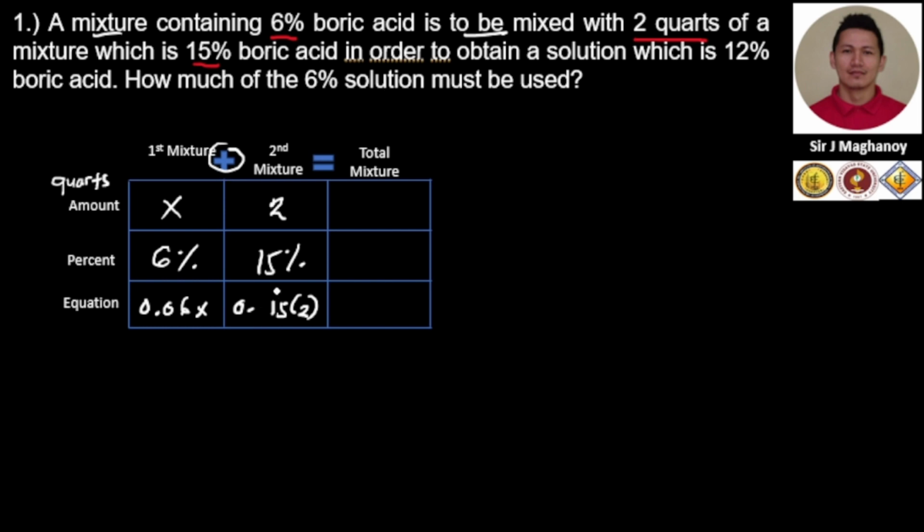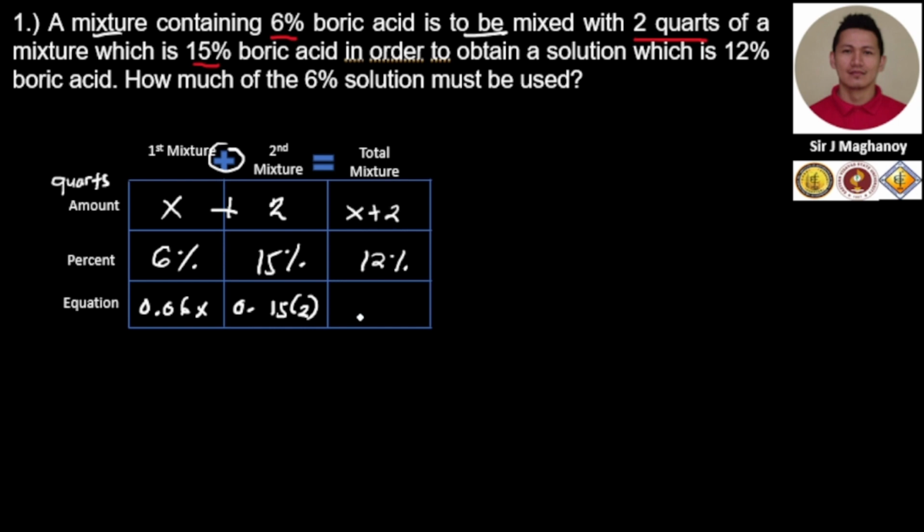Now, the solution which is 12% boric acid, in order to obtain. So the result here will become 12% boric acid, and the total amount is x plus 2.